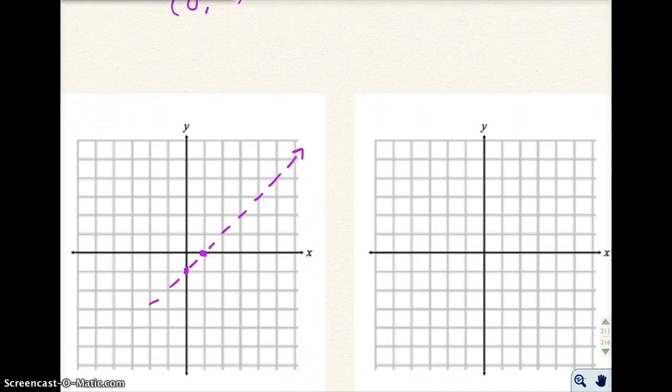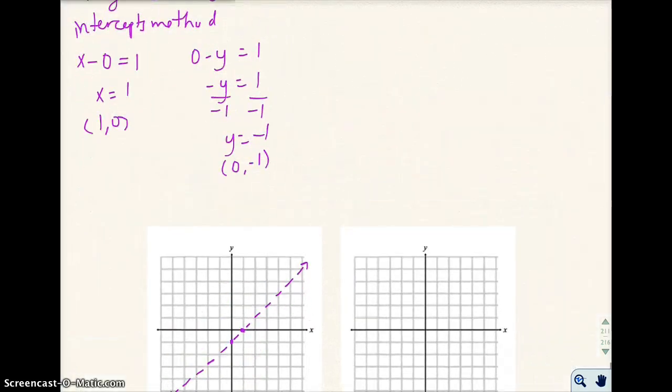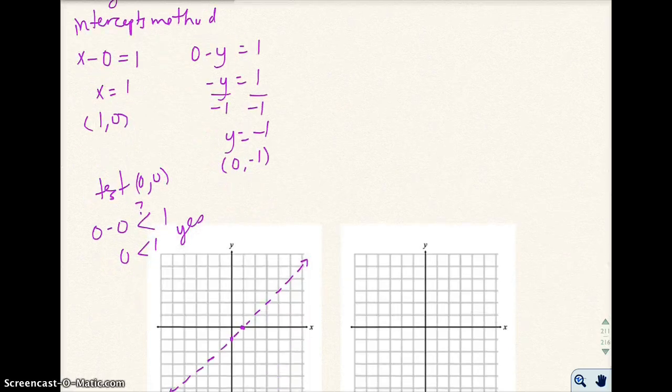I'm going to be running out of time here with a 15-minute time limit. And then with a test point, I'll test (0, 0). So 0 minus 0 is less than 1, is 0 less than 1? Yes. So I'm going to shade in the region that has (0, 0), which should be this region up here.